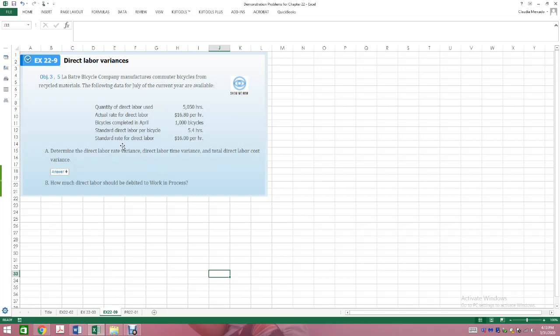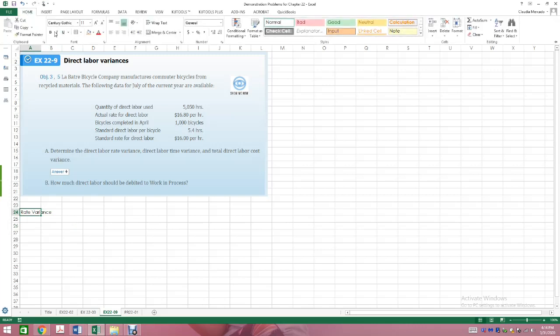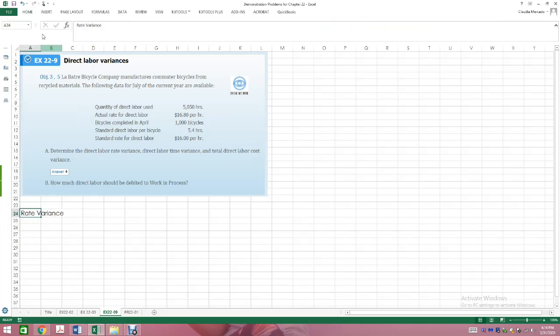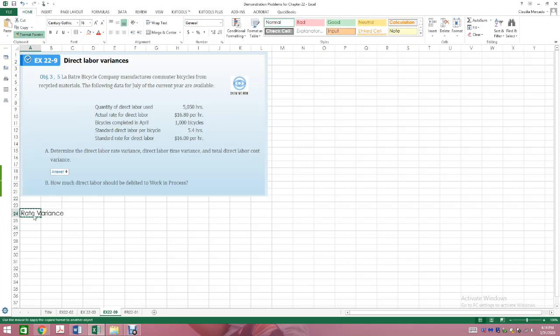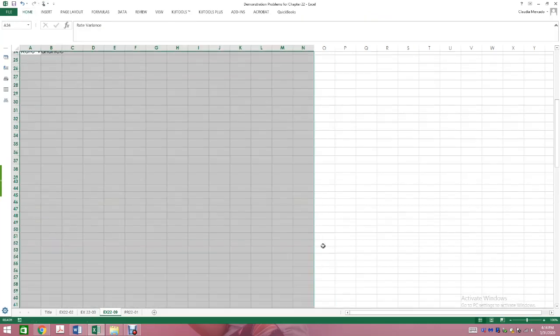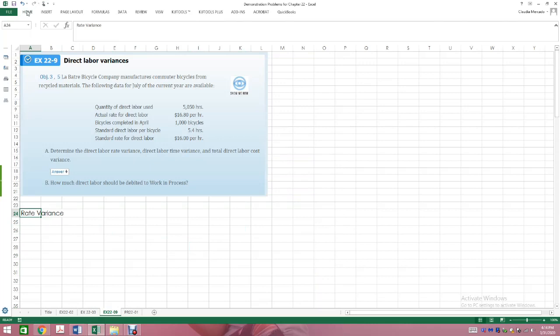So they're asking us to calculate three different variances. Let's start off with our rate variance. Let me make this a little bit bigger, guys, maybe a 16, and let me format all of this that way. So we're going to do our rate variance first. I'm going to put the formula here.